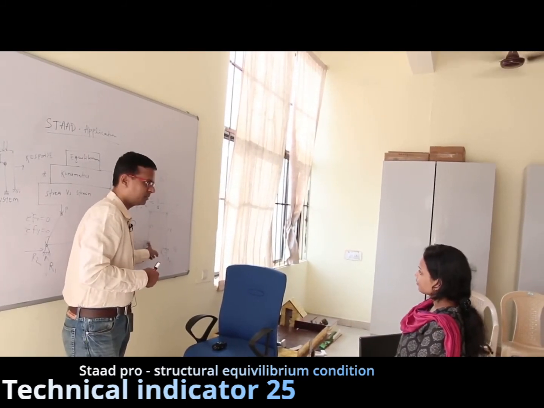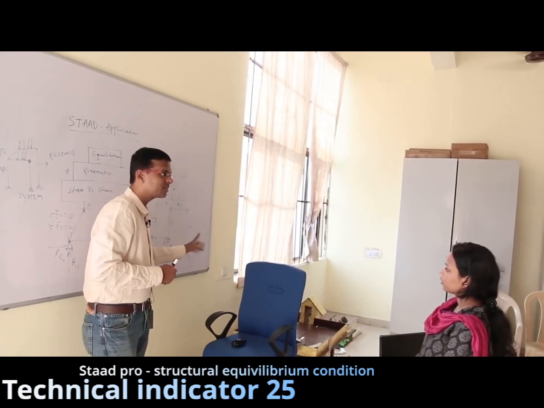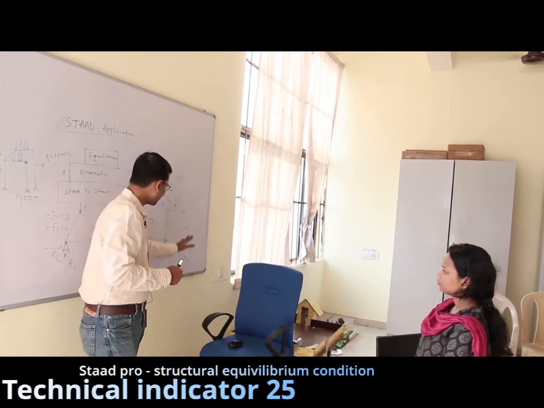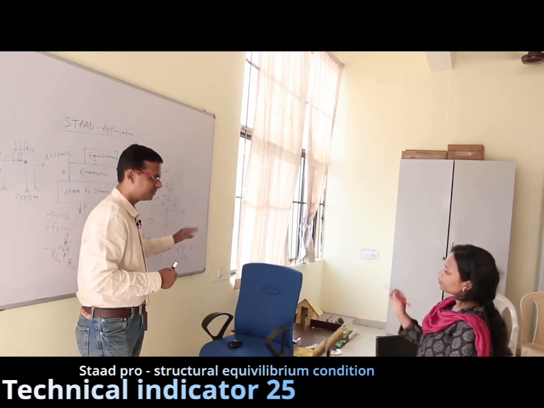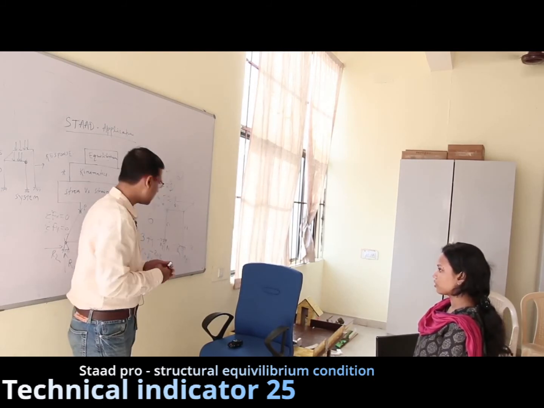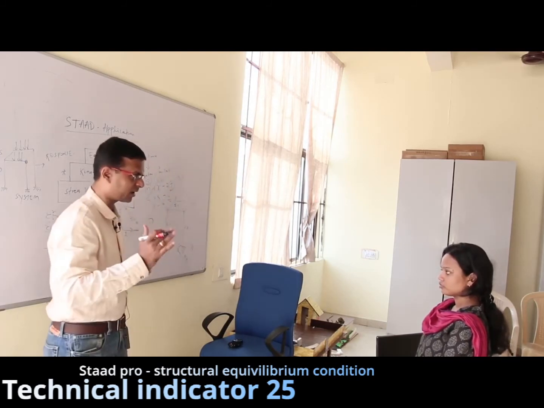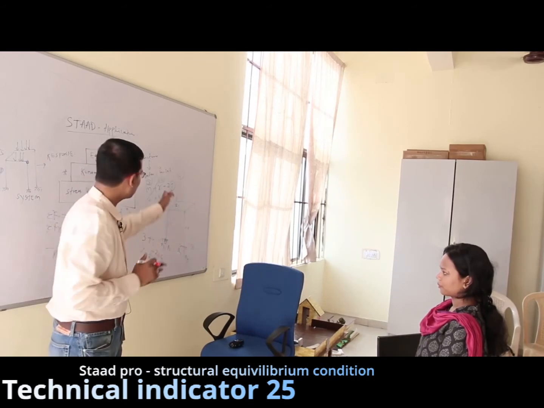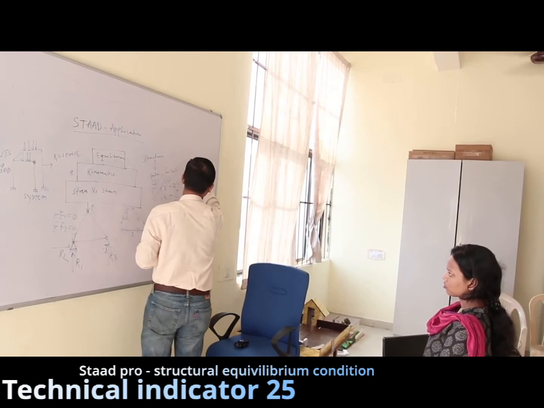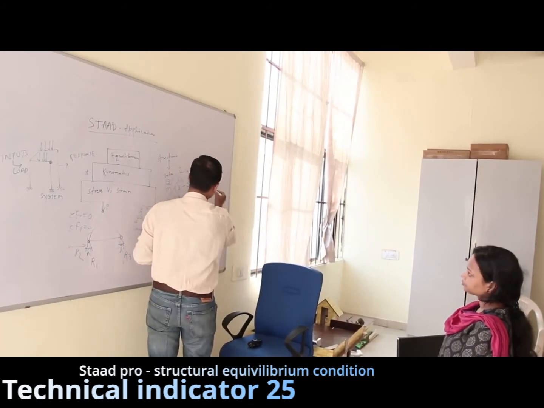This is fixed. If this is fixed, how many degrees of freedom do you have? 6 degrees of freedom, all 6 are 0. But as far as this particular condition is concerned, if you have a rotation here, I can free it or I can constrain it. For indeterminacy, what do you do? Suppose you have 3 indeterminacy, with a structure where this is fixed and this is a roller.